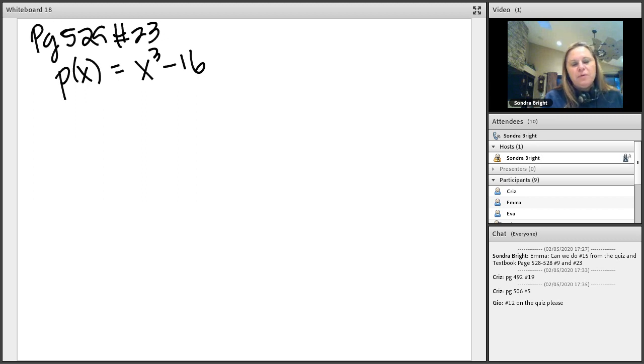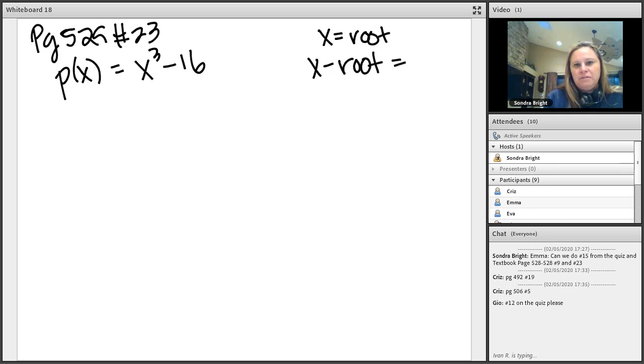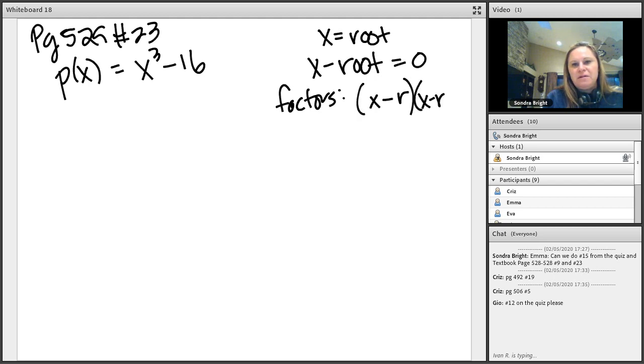And so, if you remember, if x equals a root, then x minus the root equals 0. And then the factors are all of those guys multiplied together, right? x minus r times x minus r times x minus r. That's factoring it, right? So what I need to do is find these roots over the complex numbers.